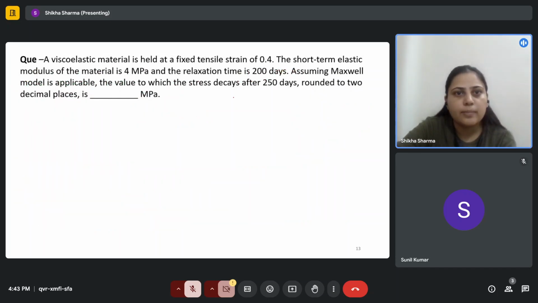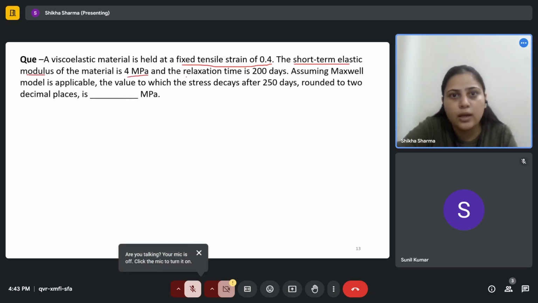A viscoelastic material is held at a fixed tensile strain of 0.4. The short-term elastic modulus of the material is 4 megapascal and the relaxation time is 200 days. Assuming the Maxwell model to be applicable, find the value to which the stress decays after 250 days.